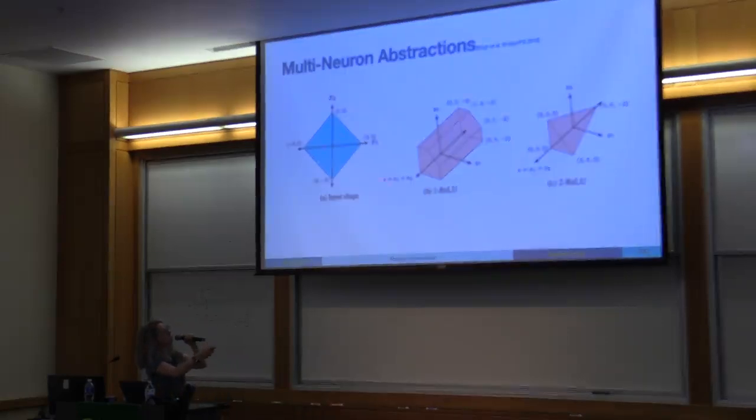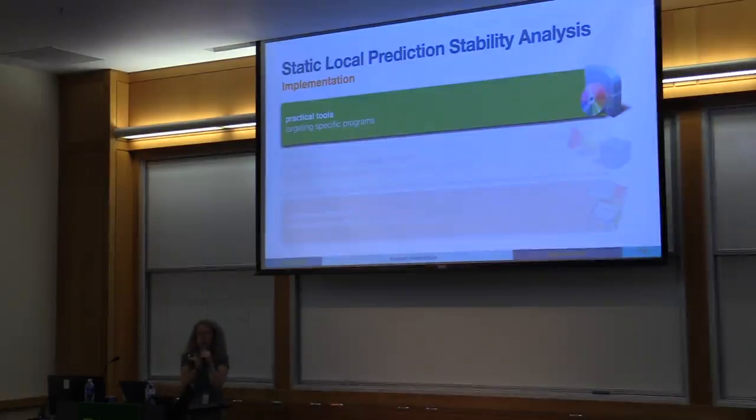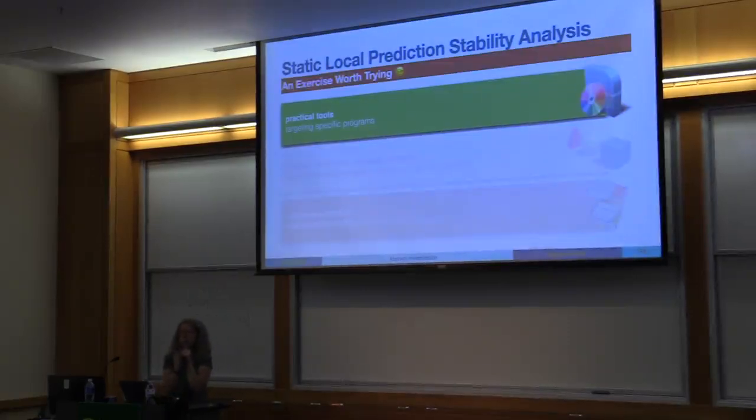So if you have the input shape here, if you abstract one value at a time, you get this abstraction. If you abstract them together, you actually get this smaller abstraction. So you can actually get more precise. Okay, how do we implement this? Well, in fact, they're quite easy to do. So you could actually try them as an example for yourself.